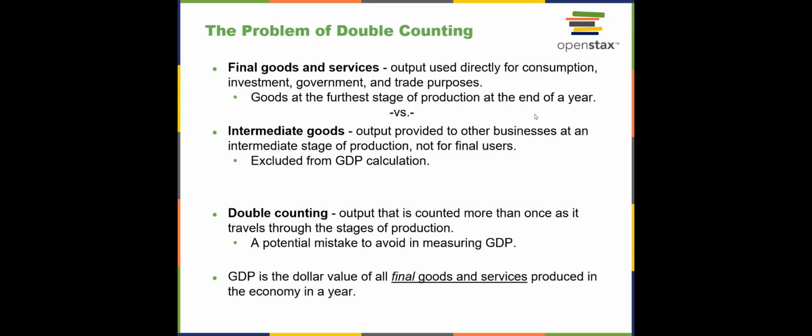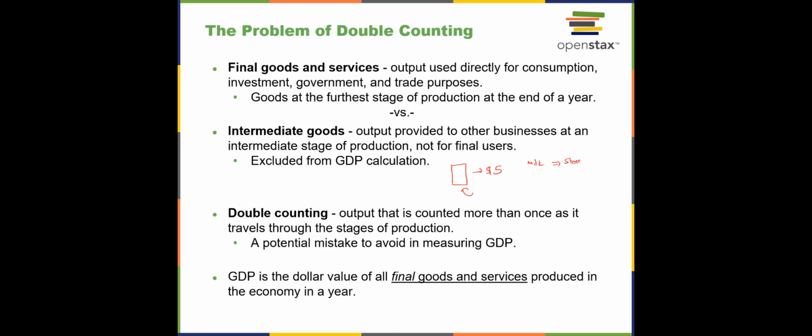I want you to understand here why we do not include them. First of all, let's think about Starbucks coffee. You pay $5 to buy a Starbucks coffee. And when you buy the coffee, the value of the milk that Starbucks uses to make it is included in the price. This milk is purchased by Starbucks.